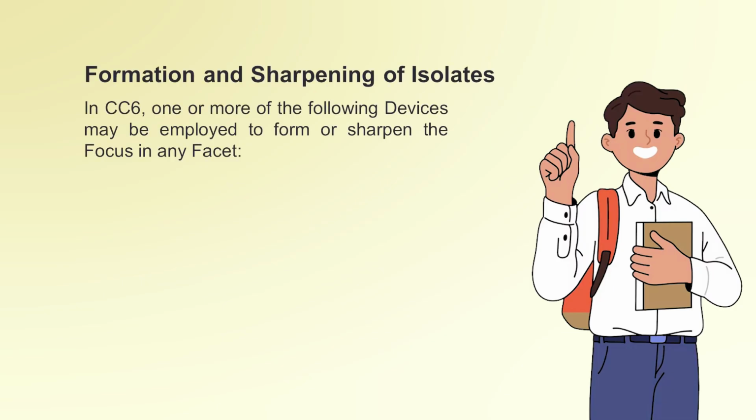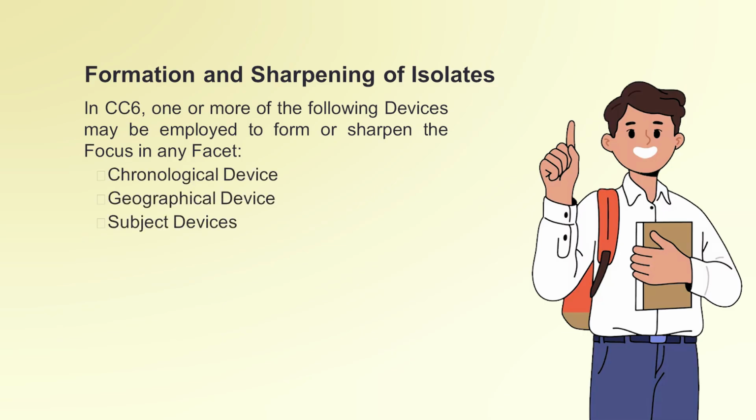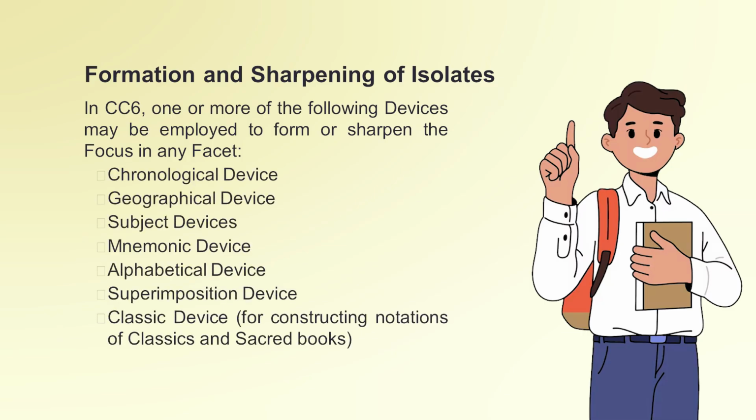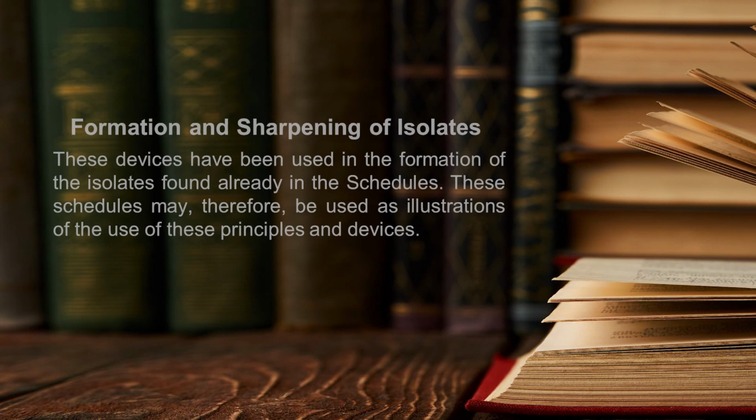Now, in CC's 6th edition, one or more of the following devices may be employed to form or sharpen the focus in any facet. Here we present the rules of sharpening isolates and isolate numbers applying these devices. These devices have been used in the formation of the isolates found already in the schedules.